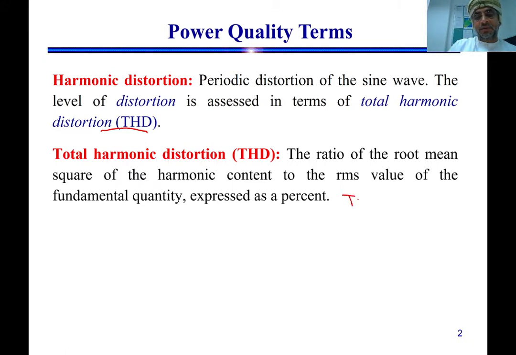As we have discussed previously, total harmonic distortion will be given by taking the square root of the sum of the squares of the harmonics starting from the second, so I_h squared. So we take the summation of the root mean square value for all harmonics, and you divide that by the fundamental component, which we call I1.